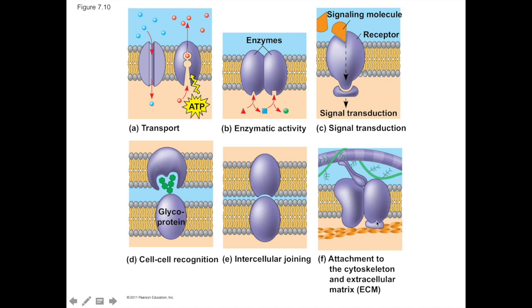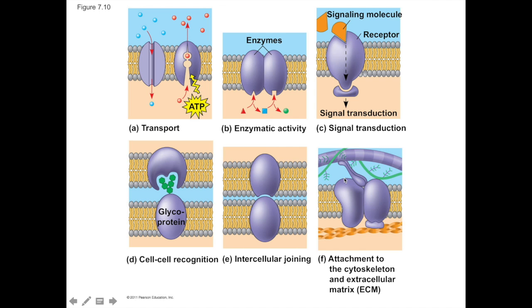If the cell is trying to do something like make a pseudopod for an amoeba, these actin microfilaments can grab onto the proteins in the plasma membrane and change the shape of the cell.